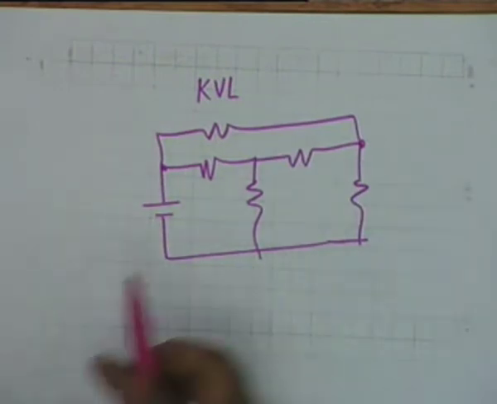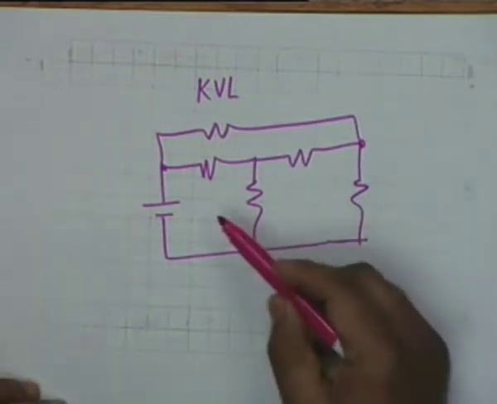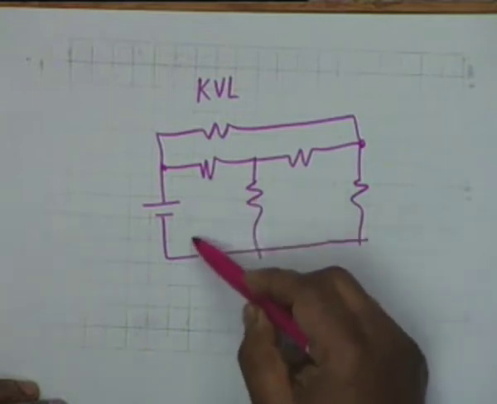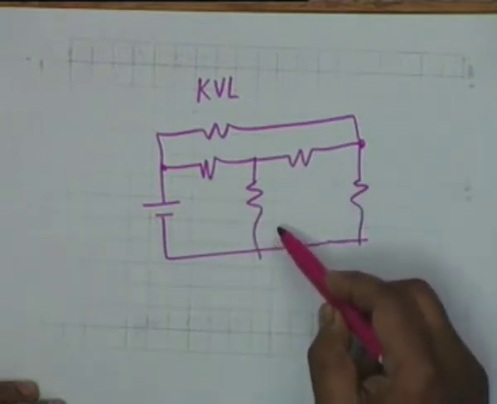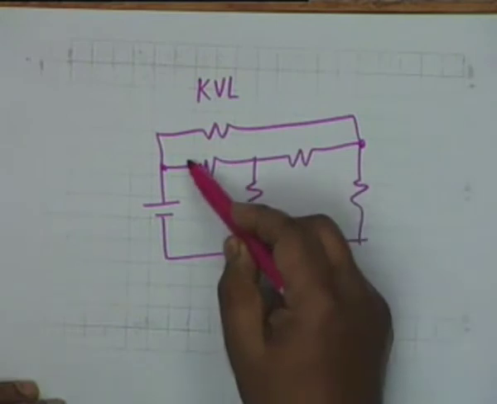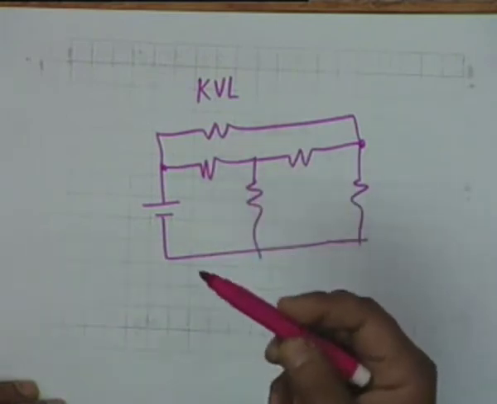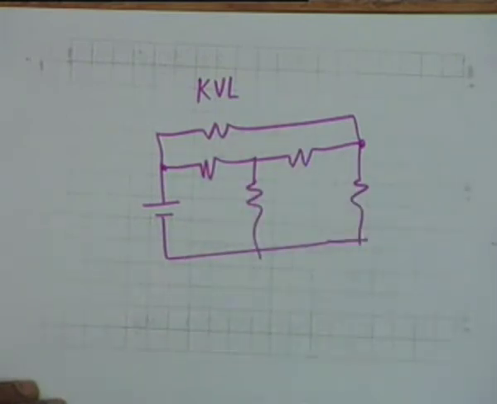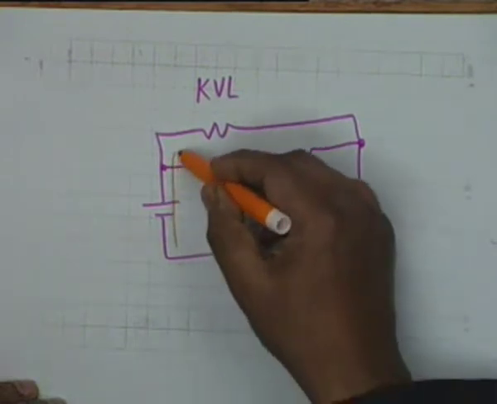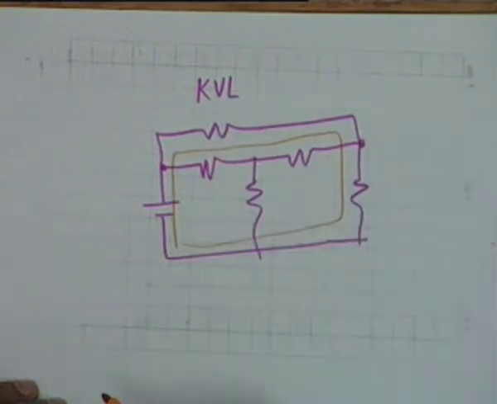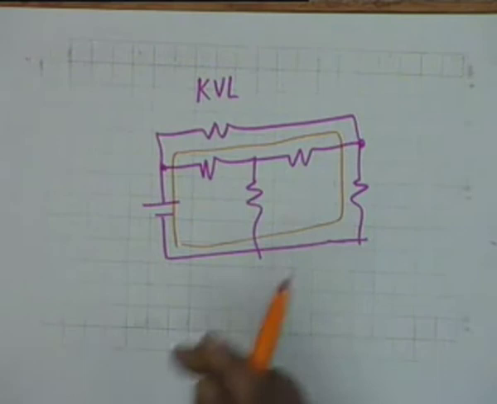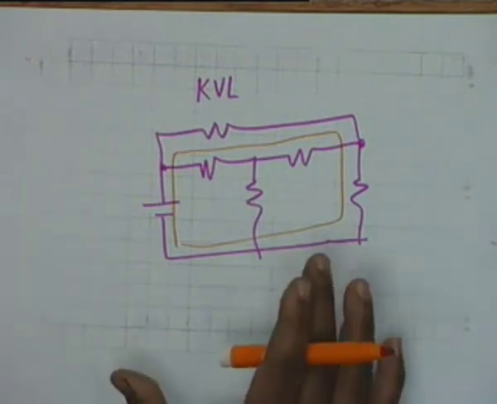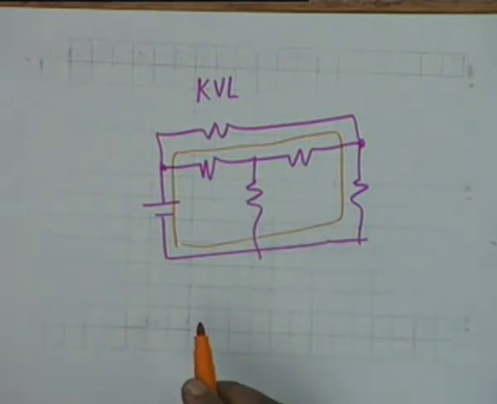It contains a number of circuits. This is one of the circuits, this is another circuit, this is another circuit. There are other closed paths. For example, this is a closed path. There are a number of circuits here, and a combination of them makes it into a network.